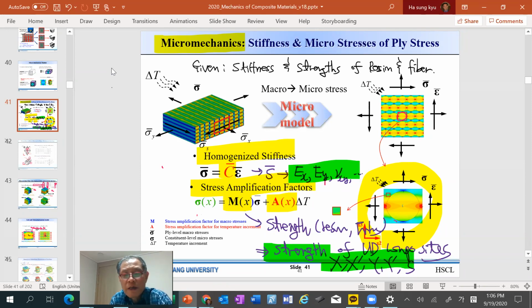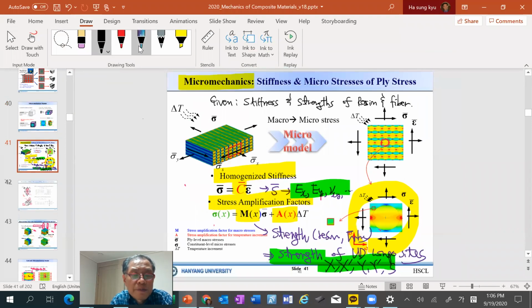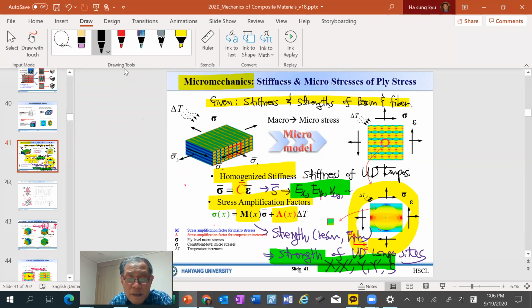Of course, you can think about the property at the interface. So these are given properties, and then this is the output property. I would say this is the stiffness of UD composites.